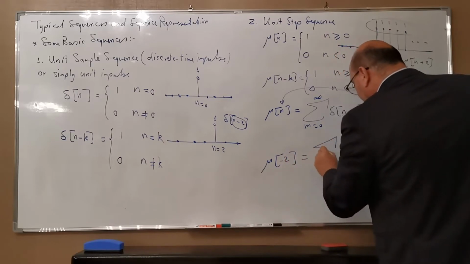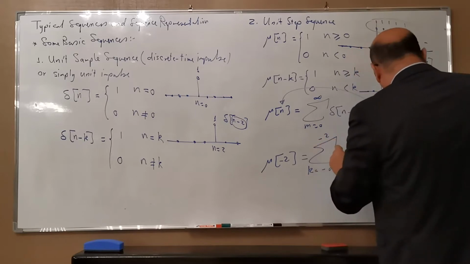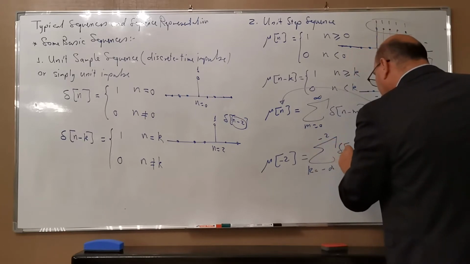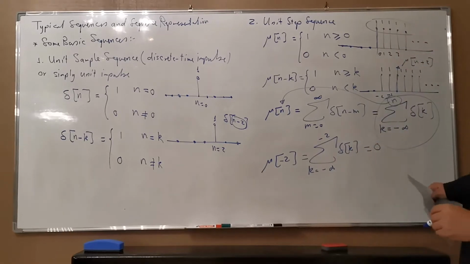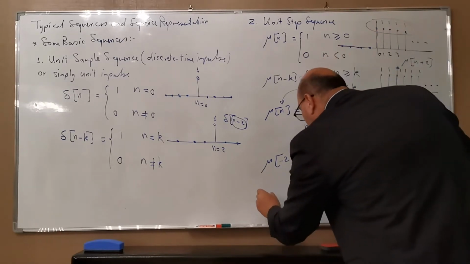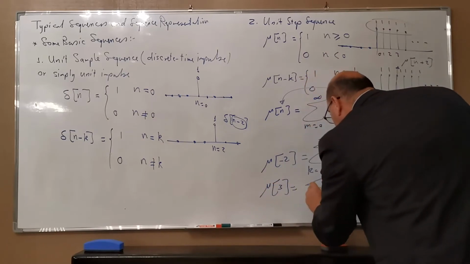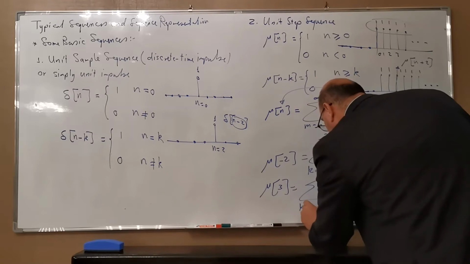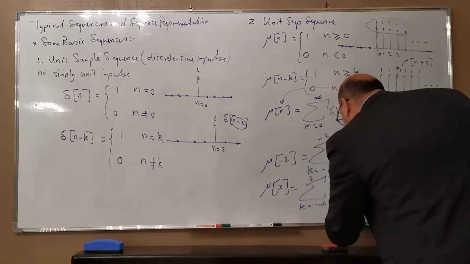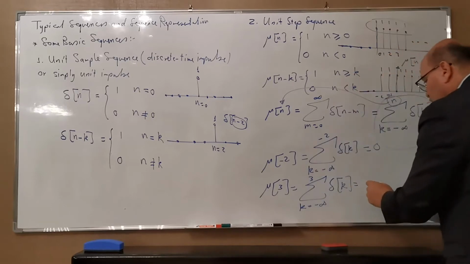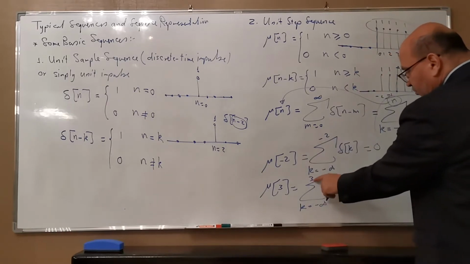It's equal to the summation from k equals minus infinity up to -2 of delta of k, and all those should equal 0. If you take n of 3, for example, then you have a summation from k equals minus infinity up to 3 of delta of k, and this will include all the values of delta inside here, k from minus infinity to 3.